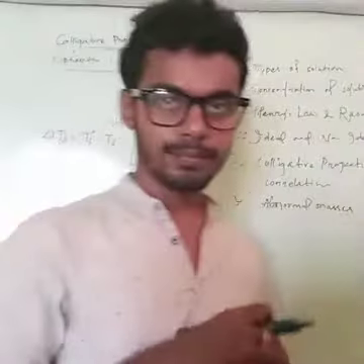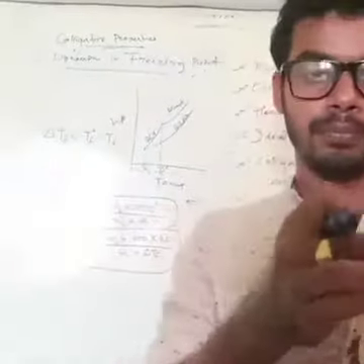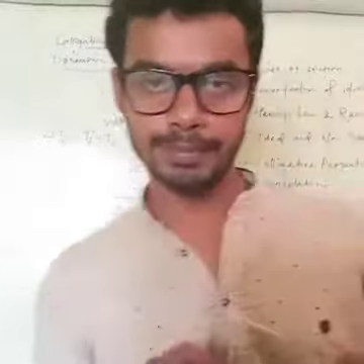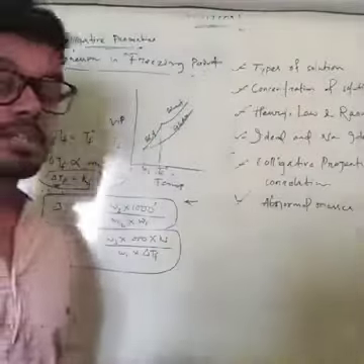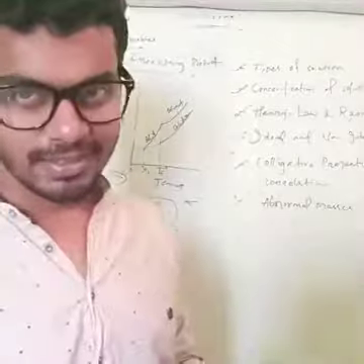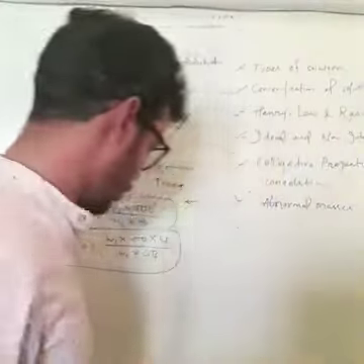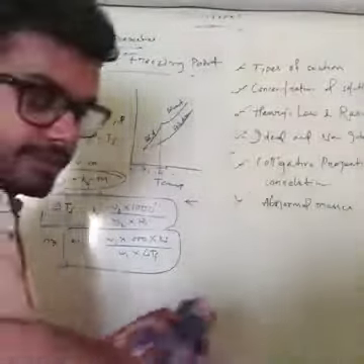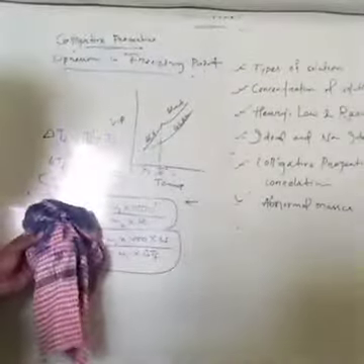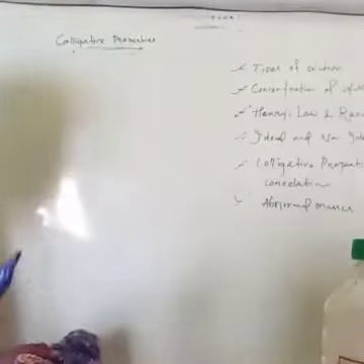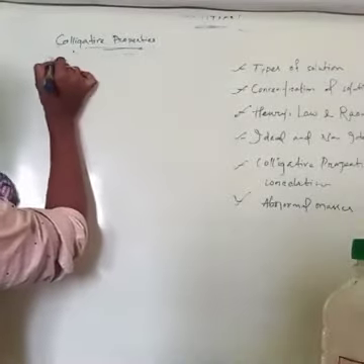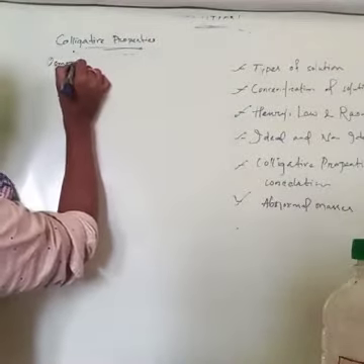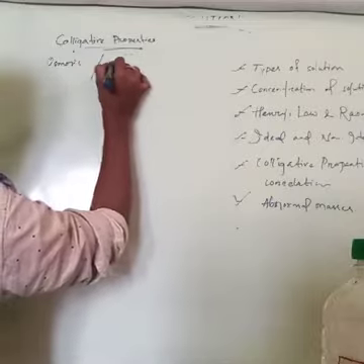These are the equations that you have to put in to get the answer. So this is your depression in freezing point. The last colligative property is osmotic pressure. So next is osmosis or osmotic pressure.